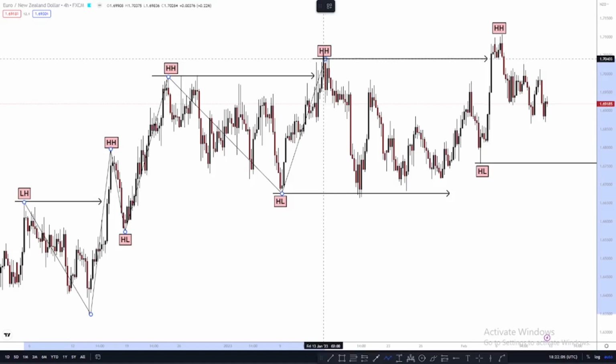Alright. So after this higher high was created, what did price do next? It came back down, rejected this higher low, pushed back up, came back again, rejected, pushed back up, came back again, and finally went back up and created a new higher low.